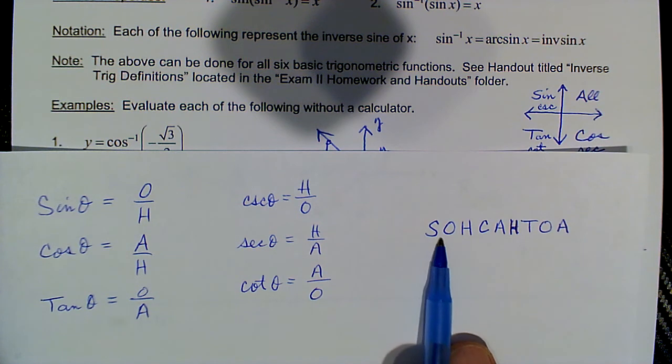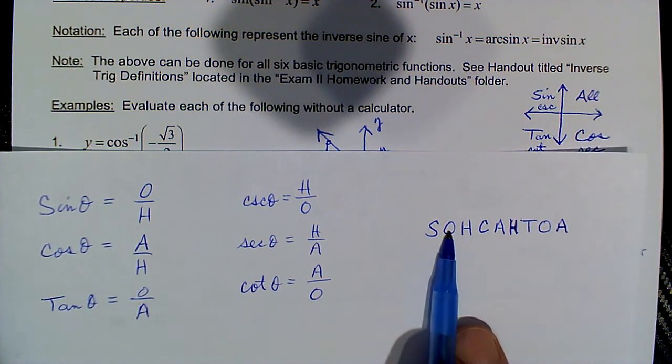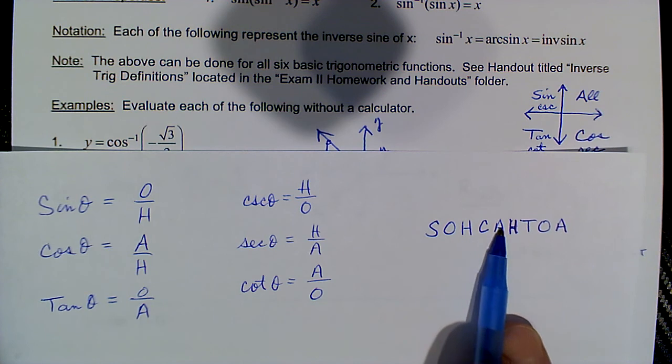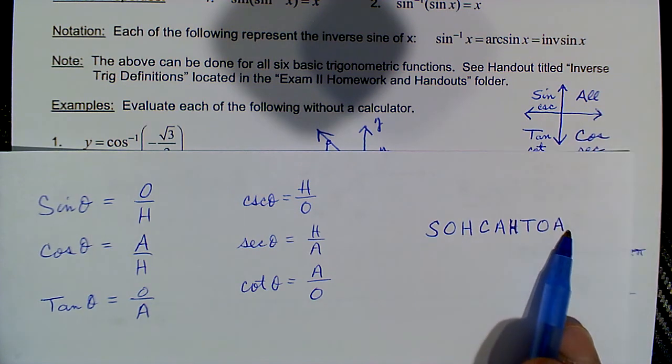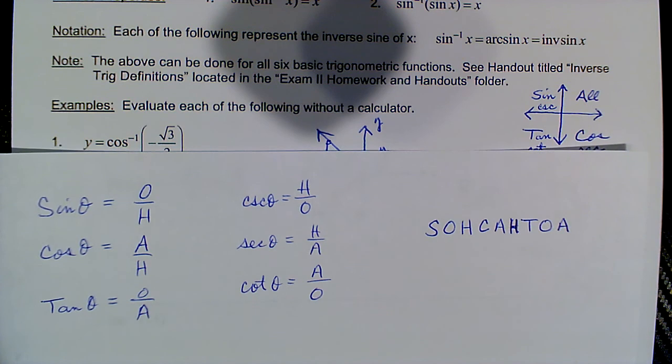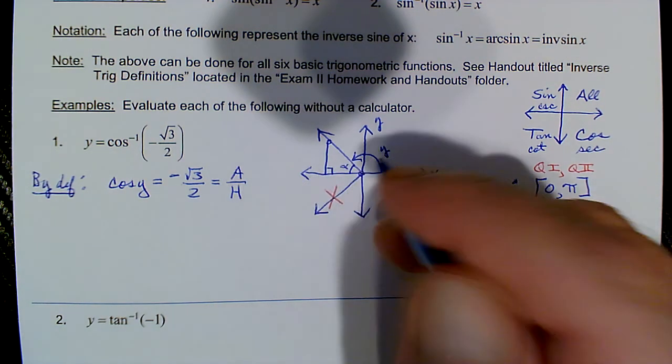Hence they called him Sohcahtoa. And that gives it to you. Sine is opposite over hypotenuse, cosine adjacent over hypotenuse, and tangent opposite over adjacent. So use your memory tricks, but make sure you know the definitions of the 6 trig functions in terms of their sides. Okay, so cosine is adjacent over hypotenuse.